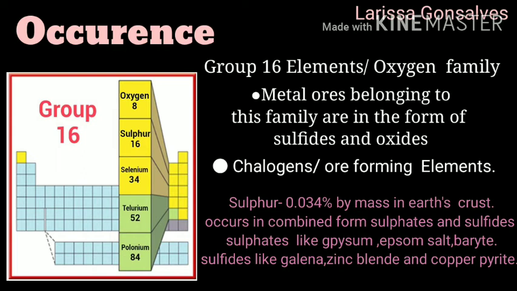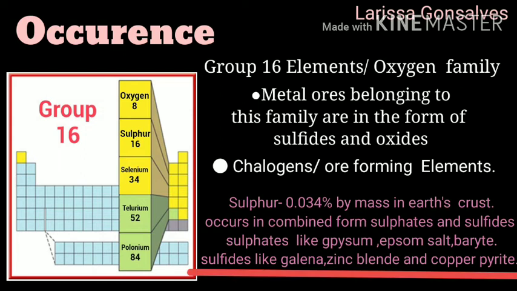Sulfur occurs mainly in combined form like gypsum, which has the formula CaSO4·2H2O, Epsom salt, which has the formula MgSO4·7H2O, barite, that is BaSO4, and sulfides like galena, that is PbS, zinc blende ZnS, and copper pyrites with the formula CuFeS2.